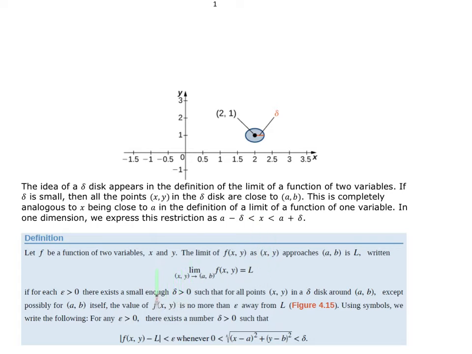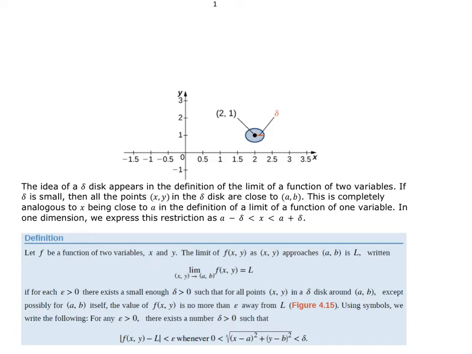Well, when we're looking at limits, the limit of f of x y as x y approaches some a b is going to be L, and it's written in this form. The limit as x y approaches a b, x approaching a, y approaching b, of f of x y is equal to L. For every epsilon greater than 0, there must exist a delta greater than 0 so that all the x y are in that disk around the point a b, except for possibly a b itself.